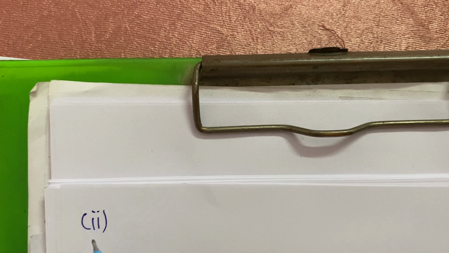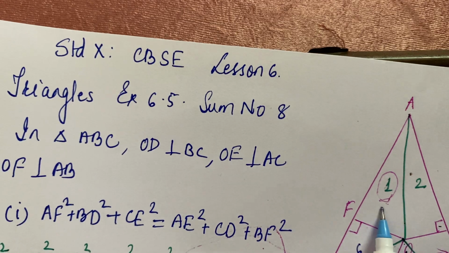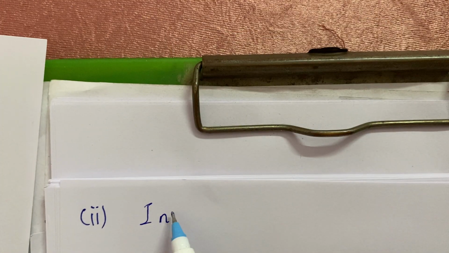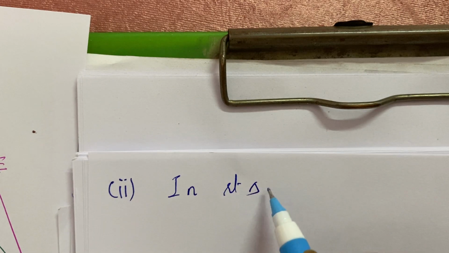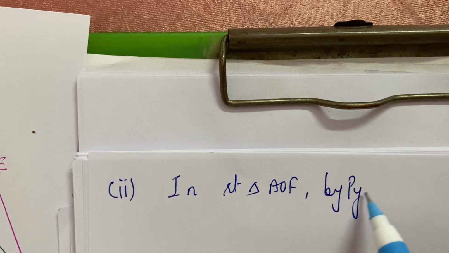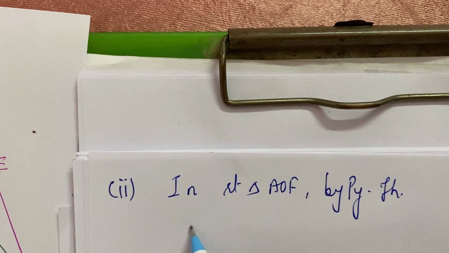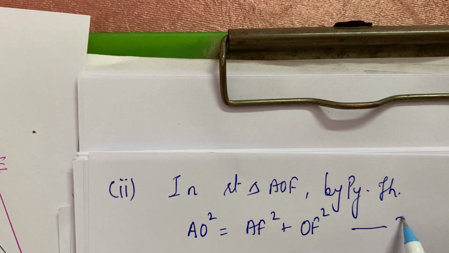Fine, here it will be in your second claim, we will take which triangle first? We will take triangle AOF. So in right triangle AOF by Pythagoras theorem, it will be AO square is equal to AF square plus OF square. This is your 1.